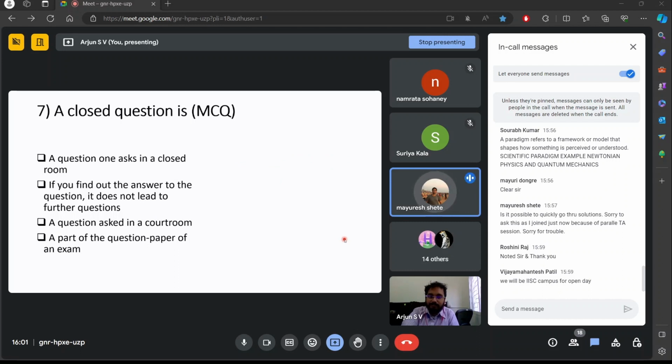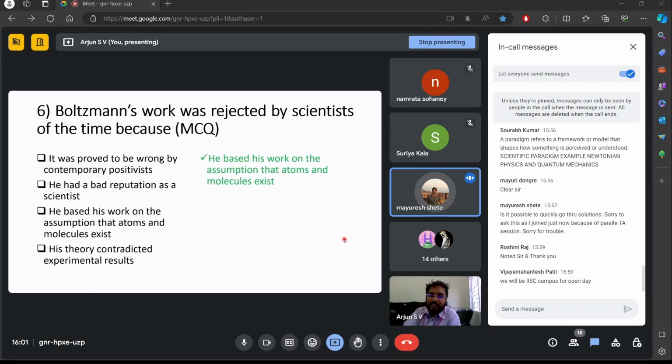Question number six. I also thought, why not go for option number one, because it was proved wrong by that time's positivists? Primarily, I would assume that option three is correct because that was the reason his work was rejected. He performed experiments in EM theory following Maxwell's work, and his work majorly involved the assumption that atoms and molecules exist.